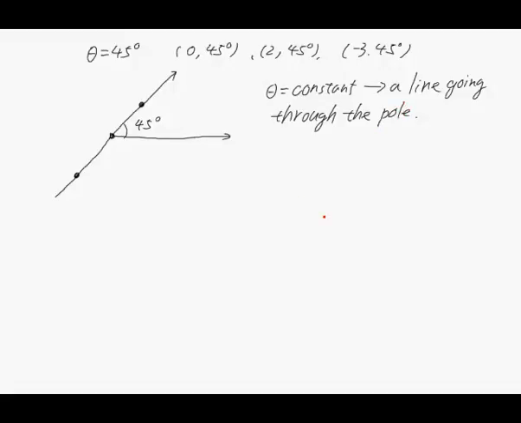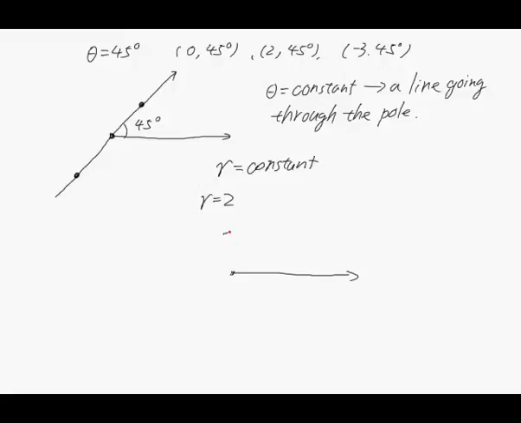Now, another extreme case is r equal to constant. How about r equal to 2? So we know, actually in this case, the graph of this polar equation is just a circle with the pole as the center and 2 as the radius.